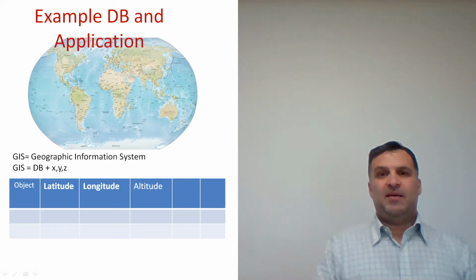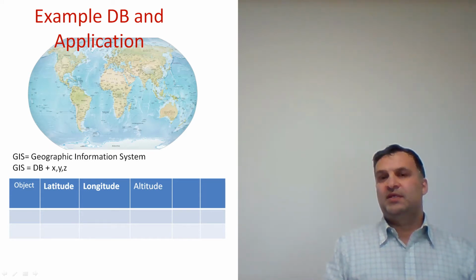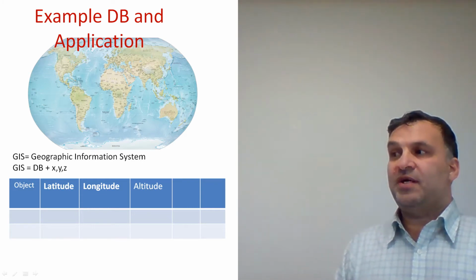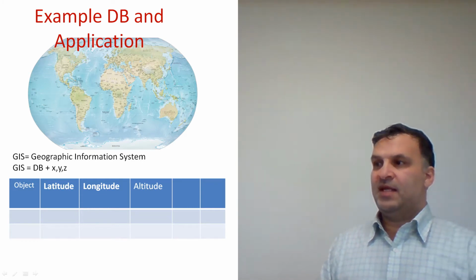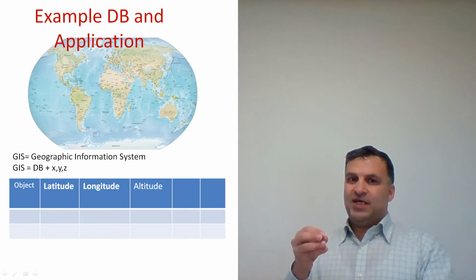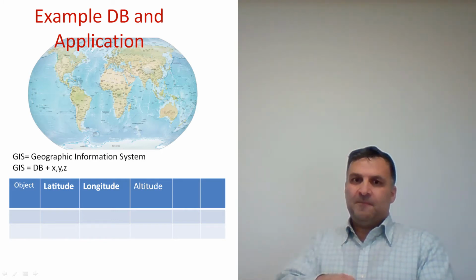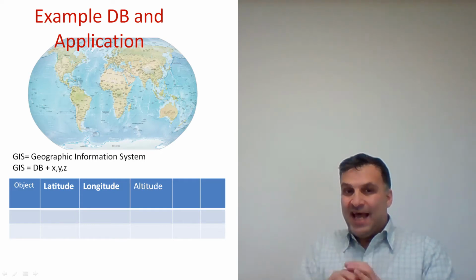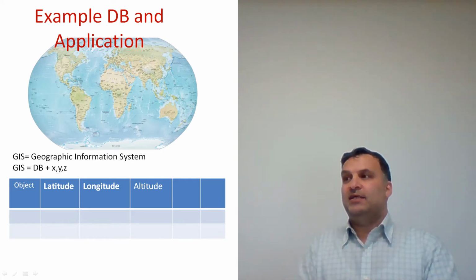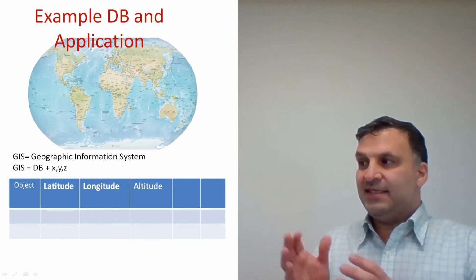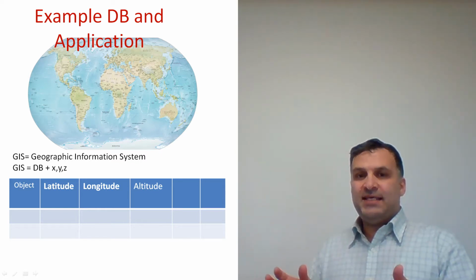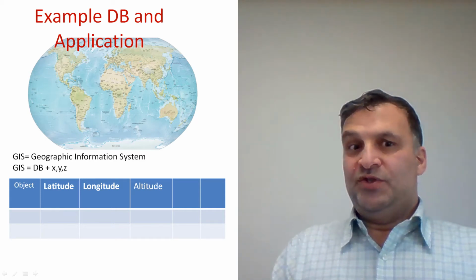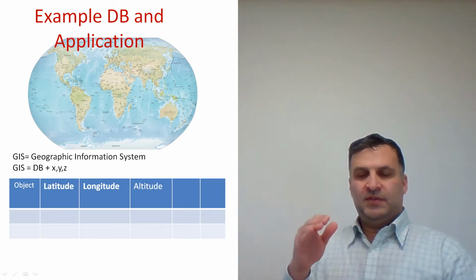GIS applications are very famous these days. GIS is Geographical Information Systems. But what is GIS? If we look deeply, what is the base, what is the heart of this GIS, we will see that it is a database that may register the latitude, the longitude, and the altitude.